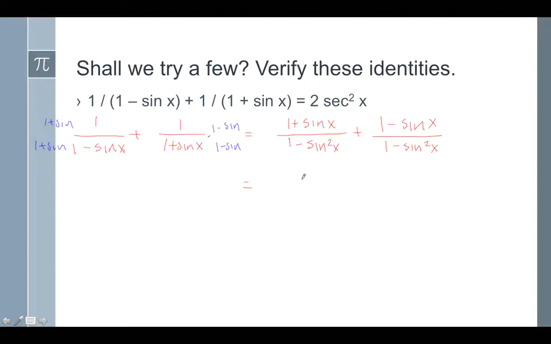Now I have common denominators, and I can add them. So 1 plus 1 is 2. Positive sine x minus sine x is a 0. And in the denominator, let's just leave it like this for just a second.